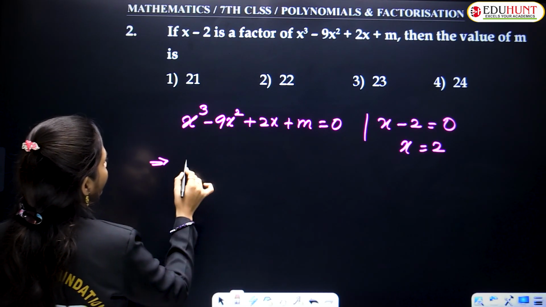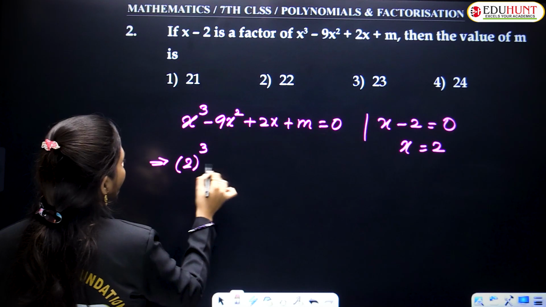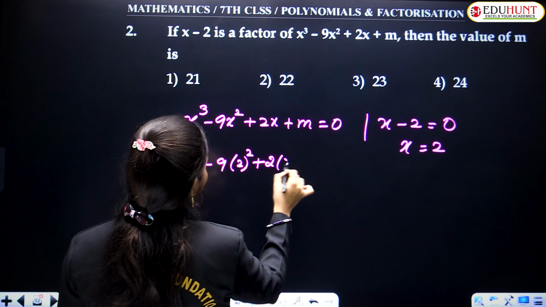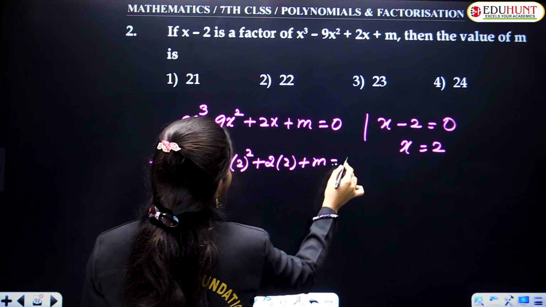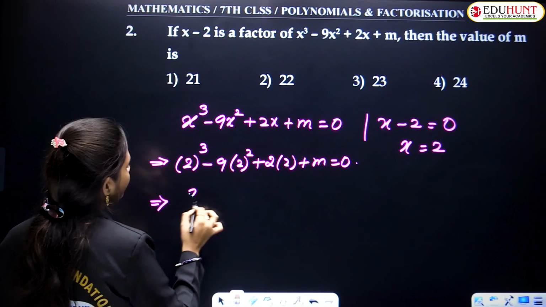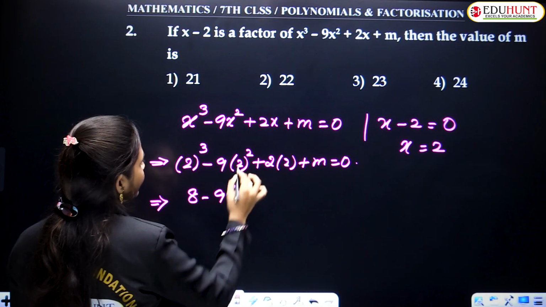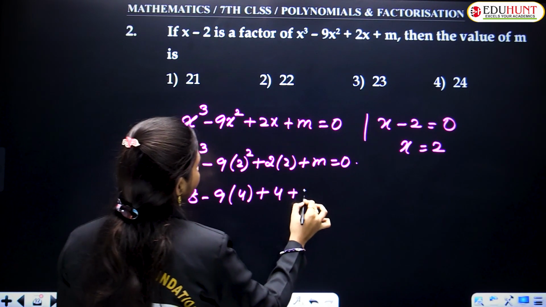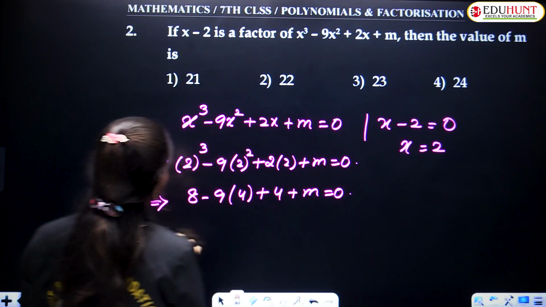So substitute that. 2 cube minus 9 into 2 square plus 2 into 2 plus m is equal to 0. 2 cube is 8, minus 9 into 2 square is 4, plus 2 2's are 4, plus m is equal to 0.